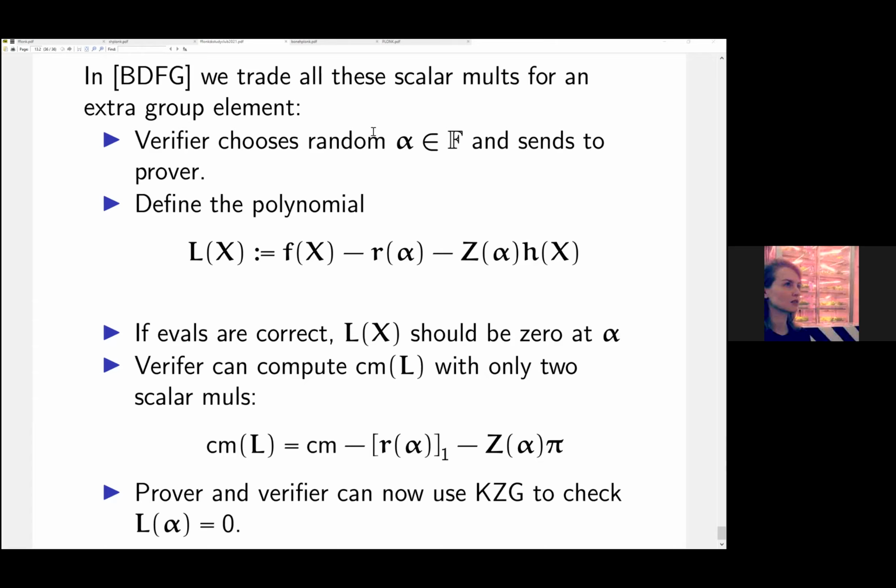You're muted right now. Yeah, sorry, I was referring to this equation. The commitment of L is equal to the commitment of F minus H. And pi is the proof, so it corresponds to the opening of H. And to me, it was kind of an evaluation at another point, but maybe I'm wrong.